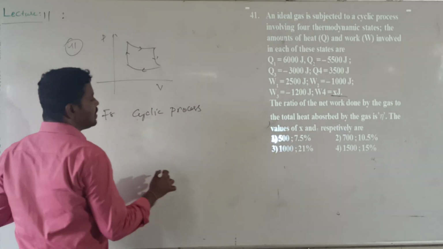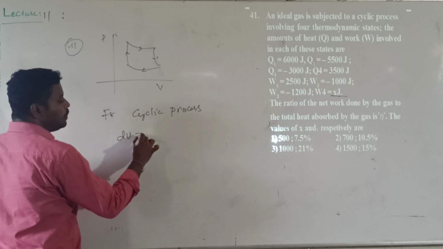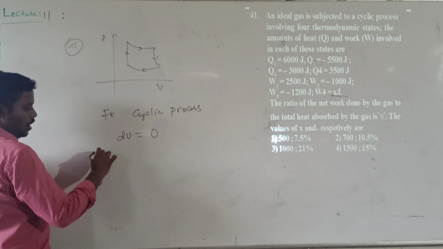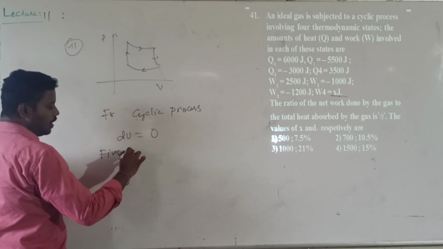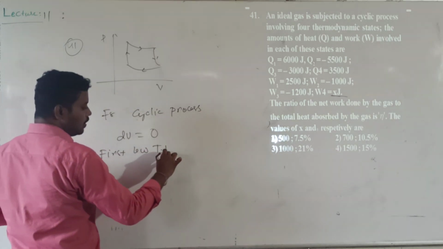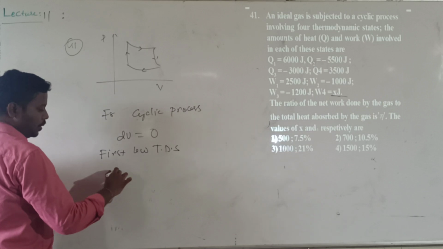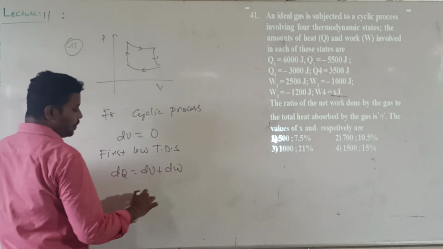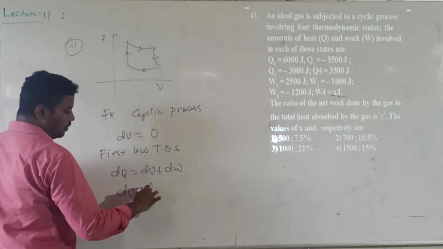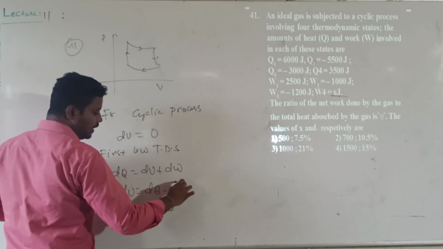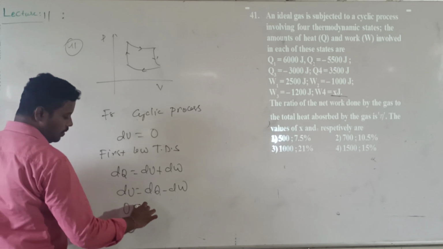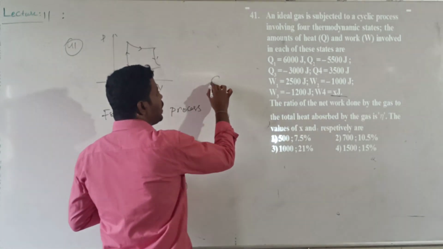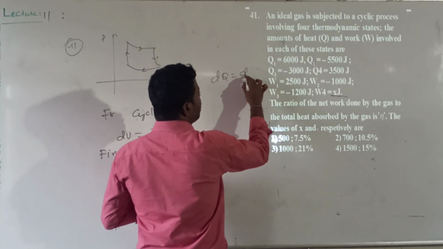For a cyclic process, the change in internal energy is always equal to 0. So dU is equal to 0. From the first law of thermodynamics, dQ is equal to dU plus dW, so dU is equal to dQ minus dW. Here dU is 0, so dQ is equal to dW.